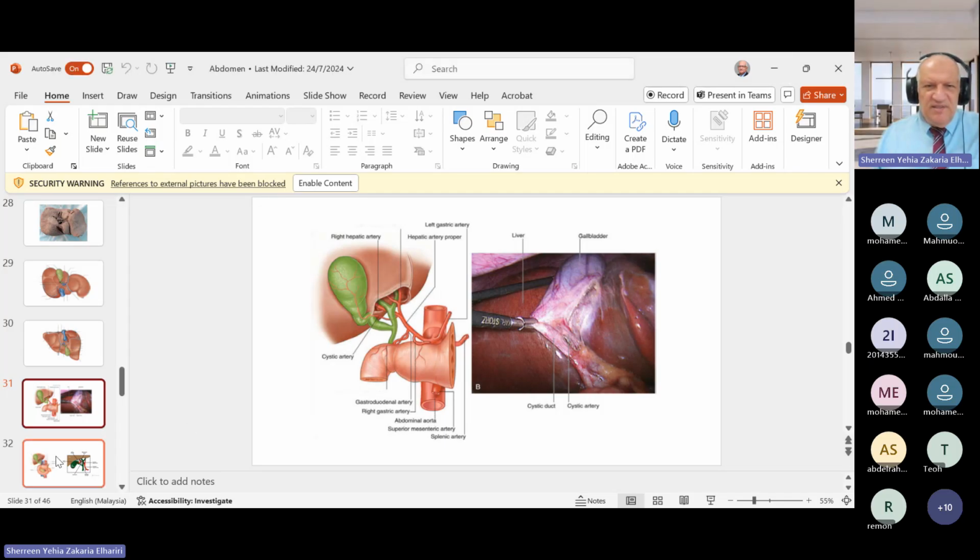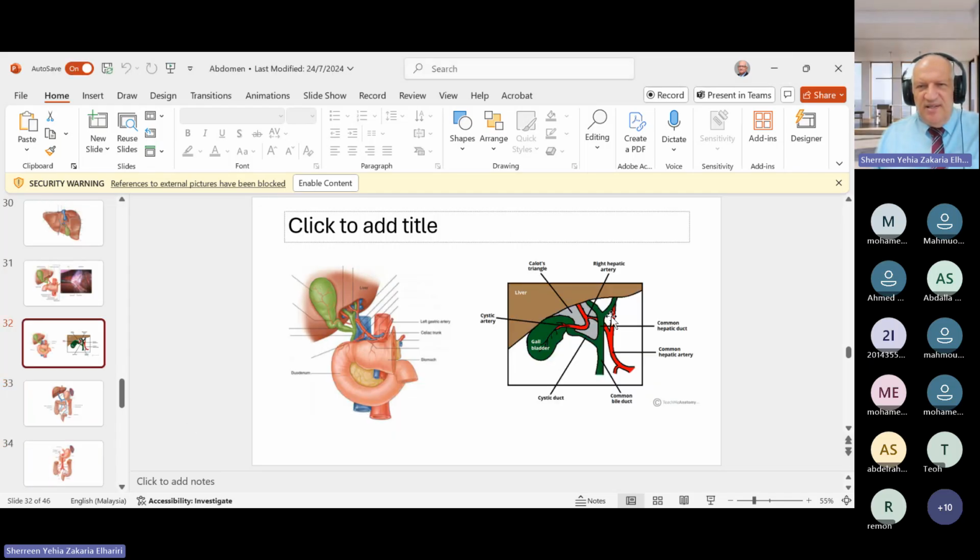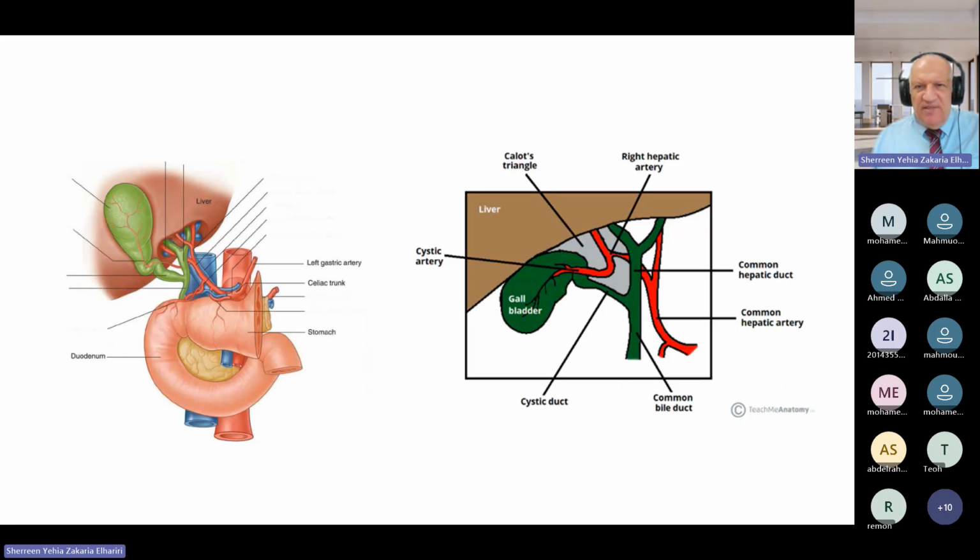Okay, so what are the boundaries of Calot's triangle? Anyone? This is Calot's triangle. I make it bigger. So you can find the lower border is the cystic duct, which becomes adherent to the common hepatic to become common bile duct.